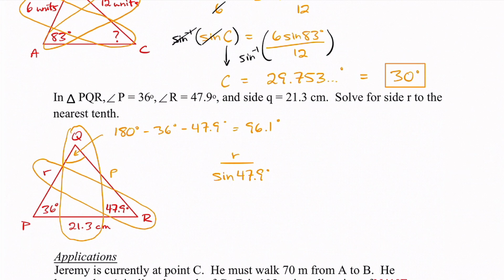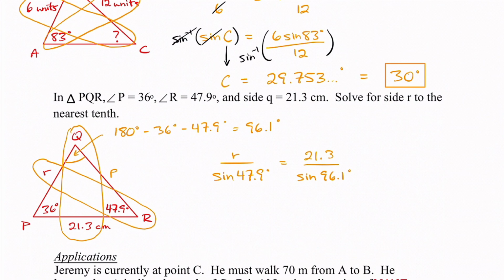So now that I got that one set up, I can use my other one. So that was this one that I drew. So it's 21.3. Remember, we're putting sides on top. 21.3 divided by sine of the angle across from it, which was 96.1 degrees.